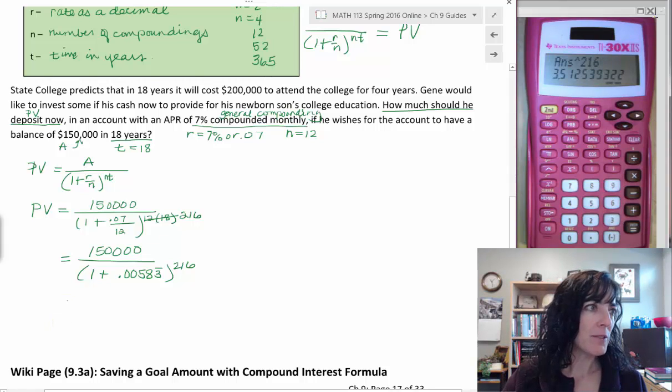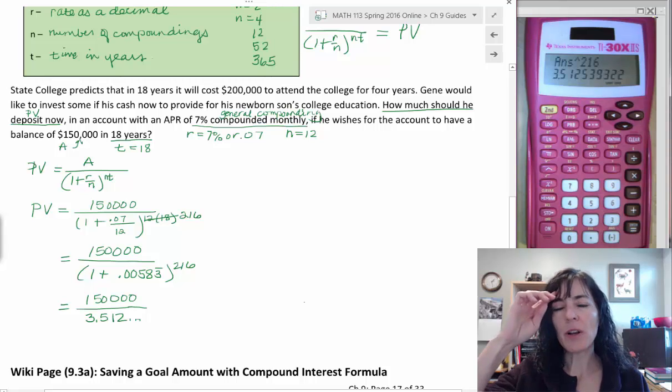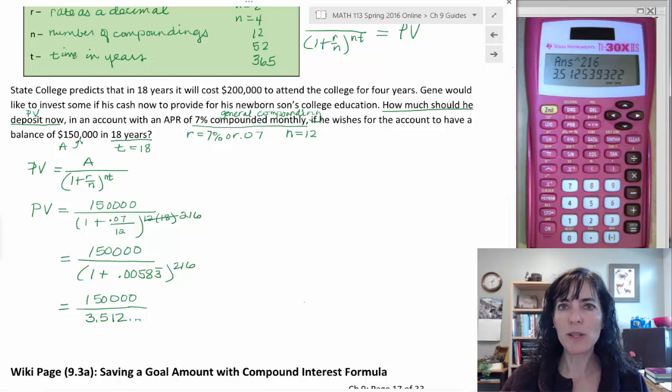And now what I have is 150,000 divided by this 3.512, and it goes on. And so remember, that number is sitting on my calculator. I don't want to retype it because I'll lose some of the digits. Even if I retype all the digits, the calculator also stores more that it's not showing me.